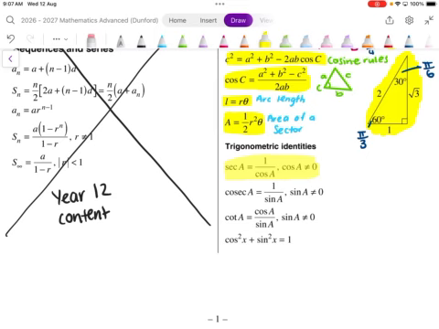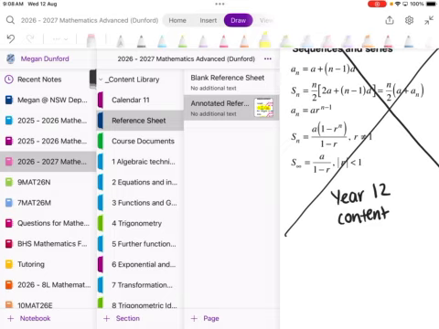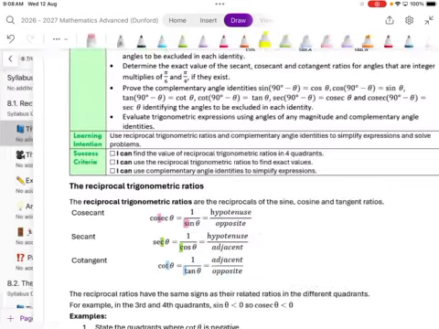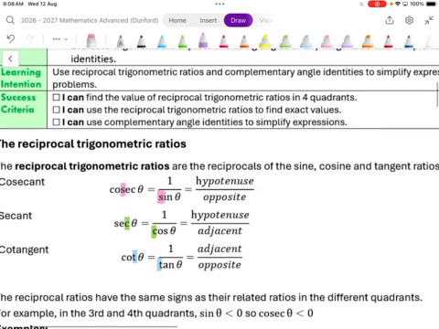We have cosec is 1 on sine A, where sine A can't equal 0. And then for cot, we don't actually have that it's 1 on tan. We'll look at that in tomorrow's or the next lesson, about why cot equals cos on sine. Okay, so the first two are on our reference sheet.